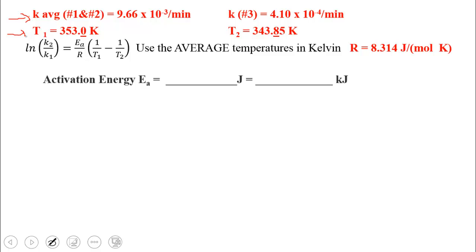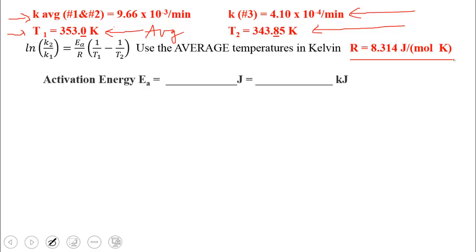This is my average temperature for test tubes 1 and 2, put into degrees Celsius. I will need my rate constant for test tube number 3 and the average temperature of test tube number 3 put into Kelvin. This is the R value that you will use in this equation.